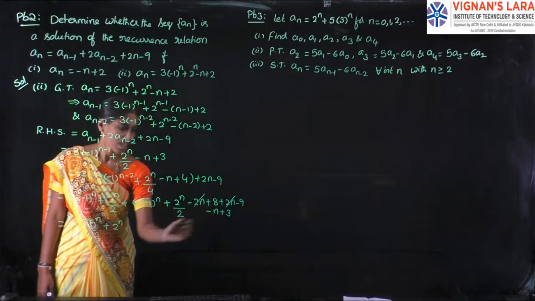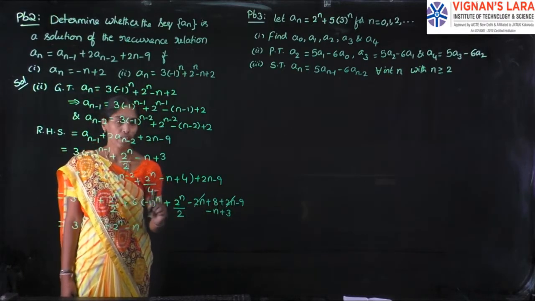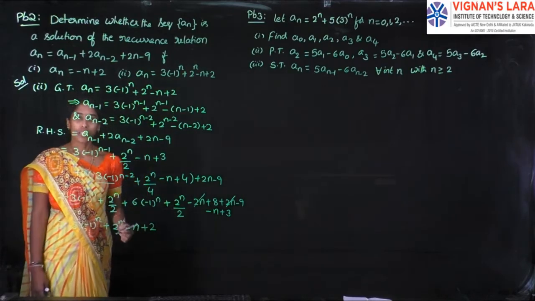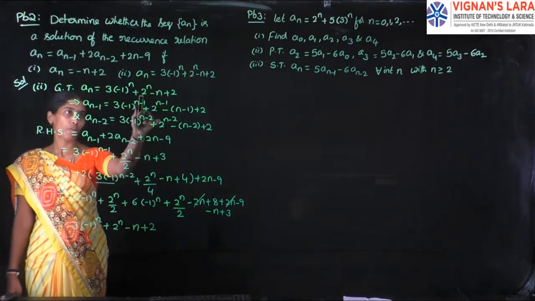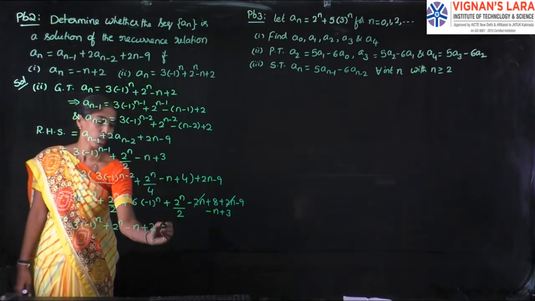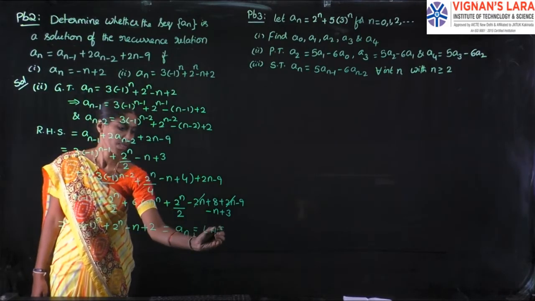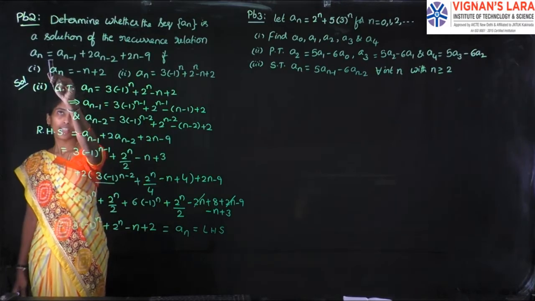So minus n plus 8 minus 9 is minus 1, plus 3 is plus 2. Now you see what is an? 3(-1)^n + 2^n - n + 2, which is nothing but an. It is the LHS. Right, the LHS of the second recurrence relation.